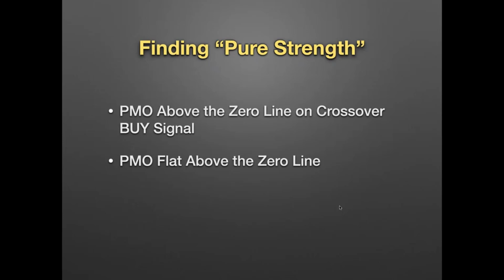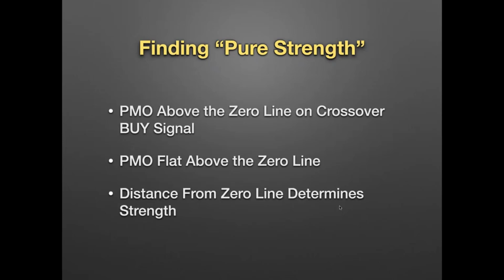But conversely, you're not taking your foot off the accelerator either. So that's a really good way to look at the PMO. So when it's flat above the zero line, that tells you you have a nice, steady rising trend, or you have a lot of momentum that has already been built and is holding strong.